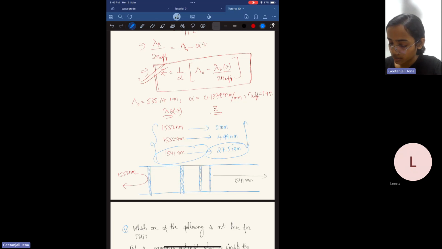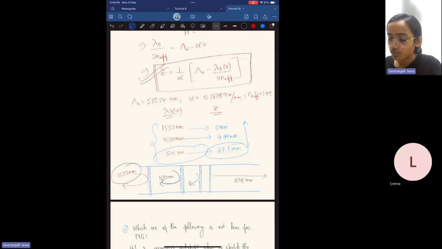Next, 1550 nanometer. So here we can easily see that when we have a grating like this, if the period is decreasing along the length of the fiber, the higher wavelength will be reflected first, then gradually the lower wavelength will be reflected.